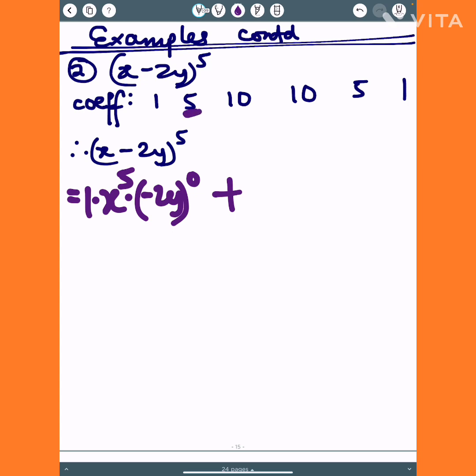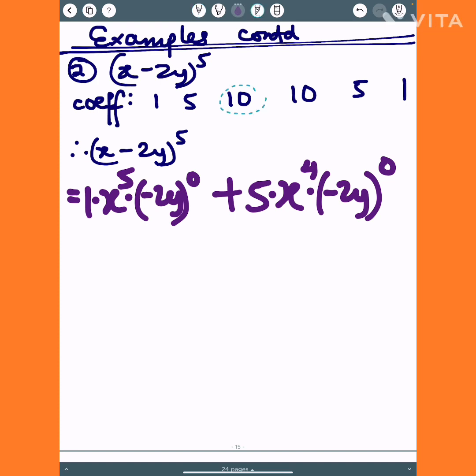I'll write down my coefficient 5 times x raised to power 4, times minus 2y raised to power 1. So that's my second term in the expansion.